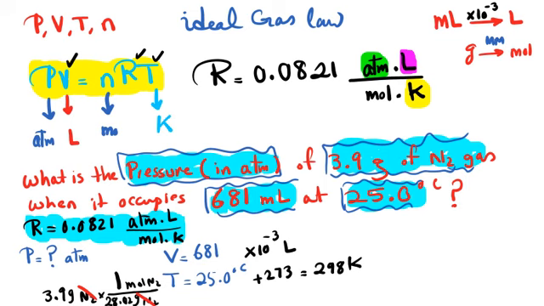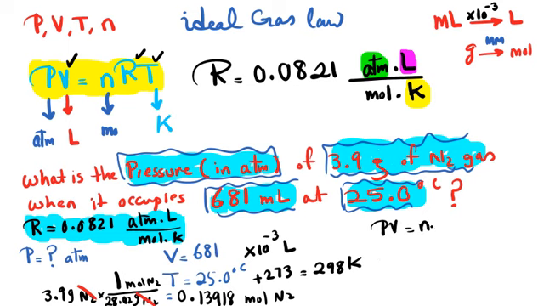So I'm going to calculate: 3.9 divided by 28.02. The correct answer, let me write it in another color to make it easy for you to keep track of the numbers, is 1.3918 moles nitrogen. Right now I'm going to plug into the equation.